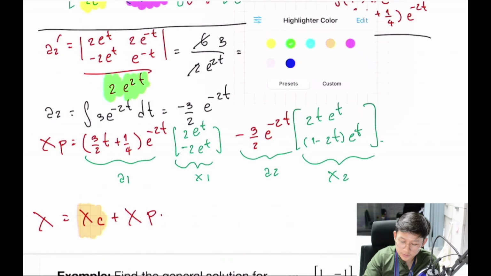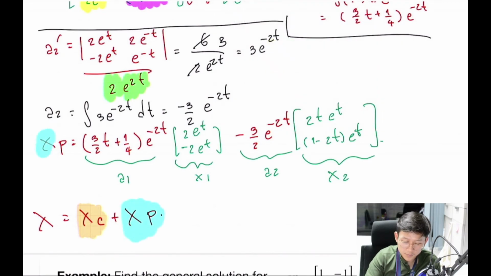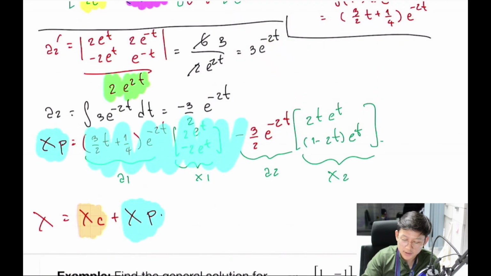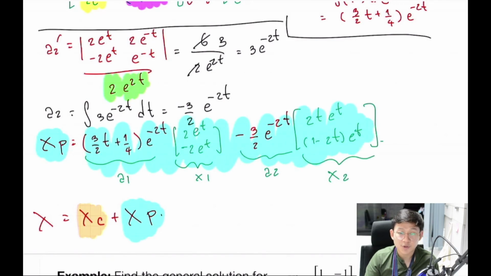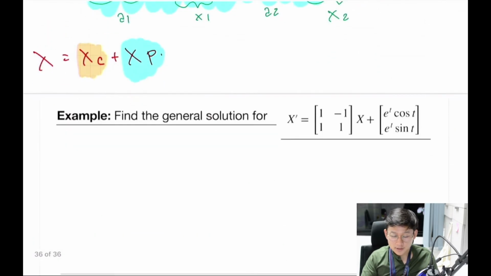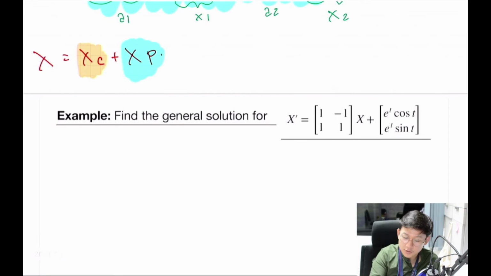Let's use the blue color from here, which is actually this guy. So it's gonna be quite long, but you can just keep writing them down. Okay, the last question, I'll let you do it as an exercise.